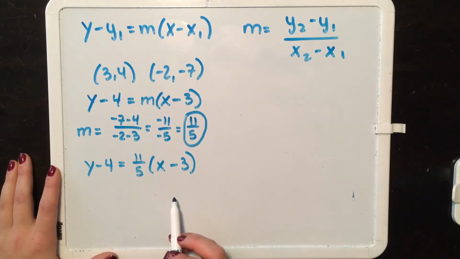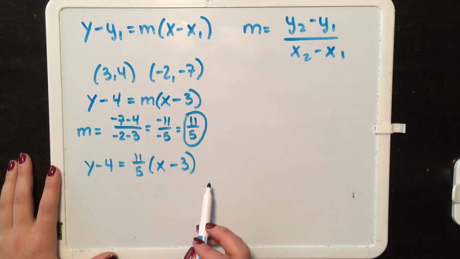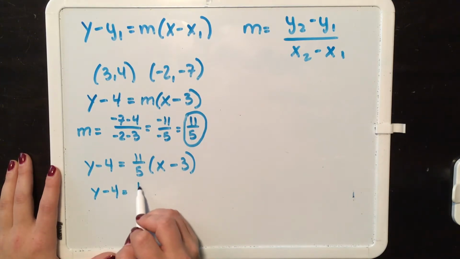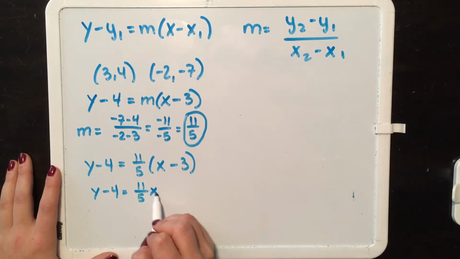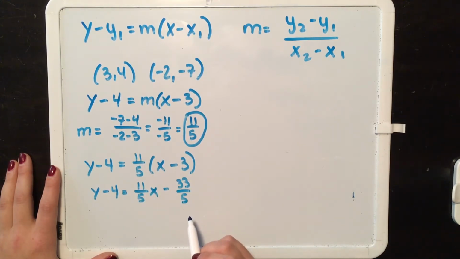If we'd like to convert this into y equals mx plus b form, distribute the right side and add the 4 over. y minus 4 equals 11 over 5 x minus 33 over 5 when you distribute.